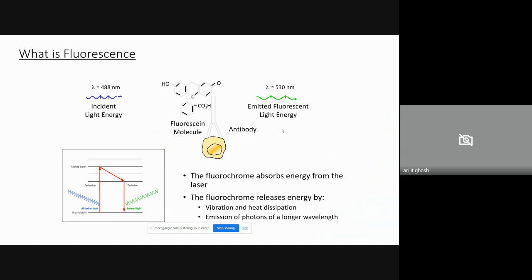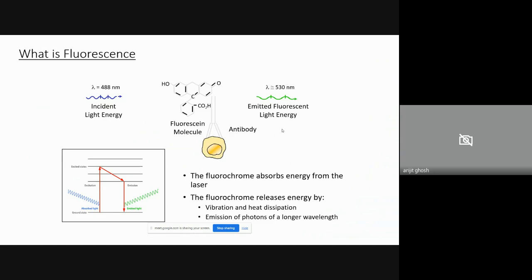Due to the urge to regain its stable state, it comes back down to its stable state and emits the energy it gained from the light source in the form of light, which is of a different wavelength from its absorbance.